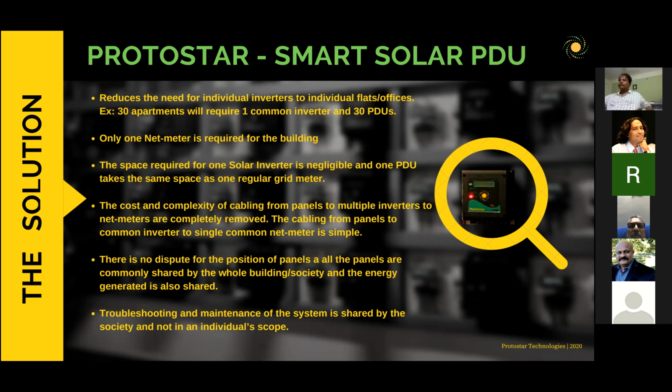Some people may finish their 100 units in 10 days, some in 20 days. But whenever they finish, it automatically switches from solar to the individual MSEB meter. On the first of the next month, it switches back to solar and gives them a fresh 100 units. So it's an intelligent system that detects exactly how much power you have used, switches over to your regular MSEB meter, and then switches back to solar in the next month.